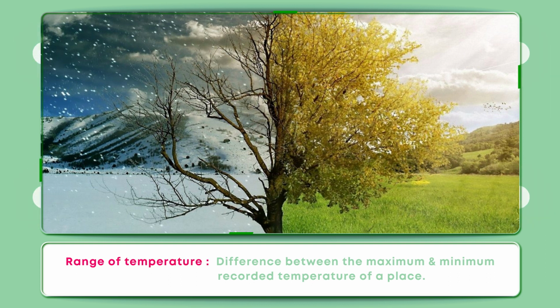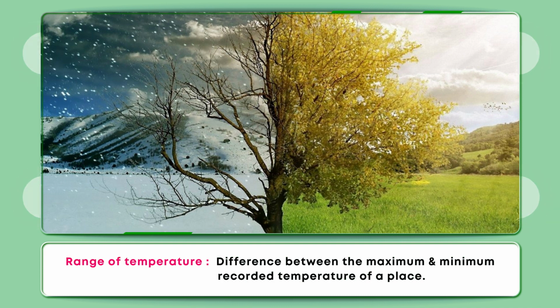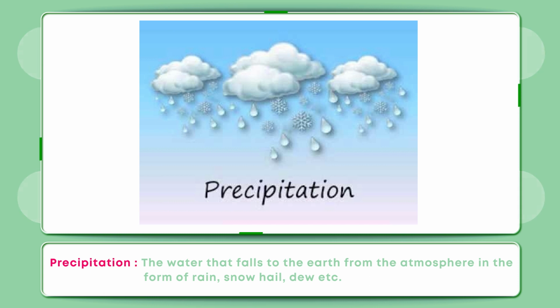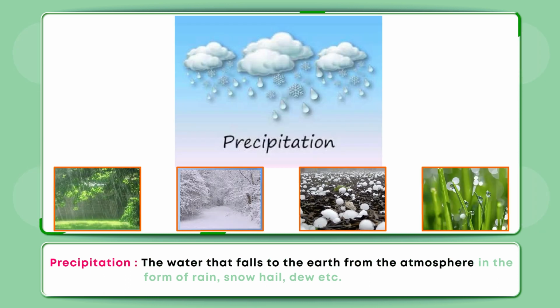Range of temperature. Difference between the maximum and minimum recorded temperature of a place. Precipitation. The water that falls to the earth from the atmosphere in the form of rain, snow, hail, dew, etc.